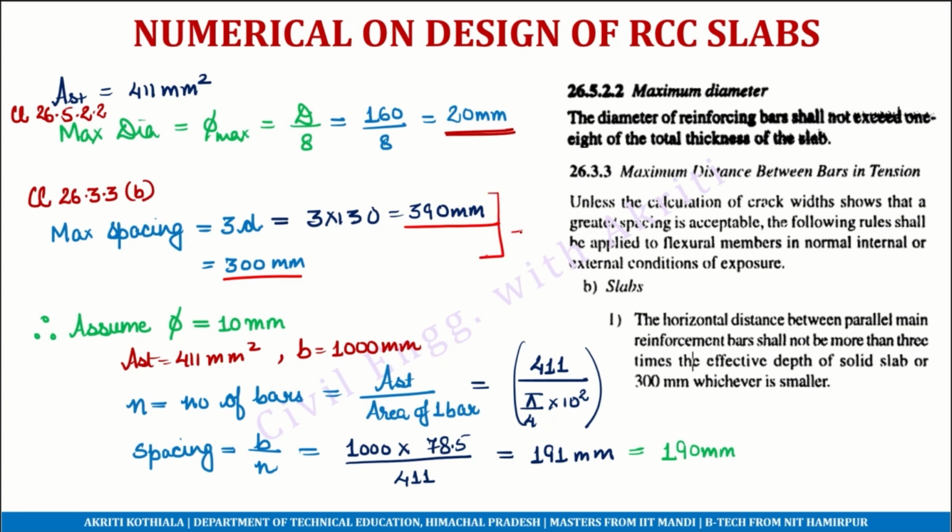So the lower value, the maximum spacing which is permitted, is 300 mm. Our spacing which we have computed and will be providing is 190 mm, and this is lesser than 300 mm. So we are safe, because the maximum spacing which was allowed was 300 mm. Therefore, we will be providing a 10 mm diameter bar at 190 mm center to center.